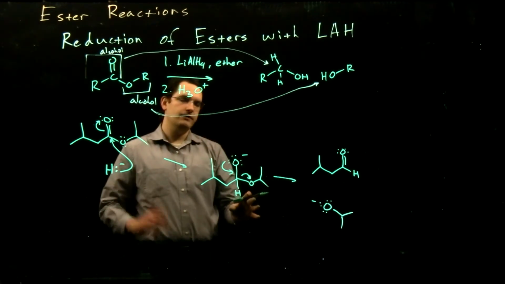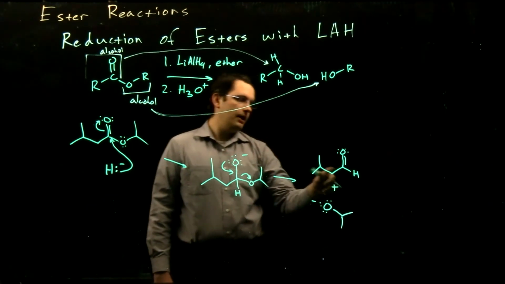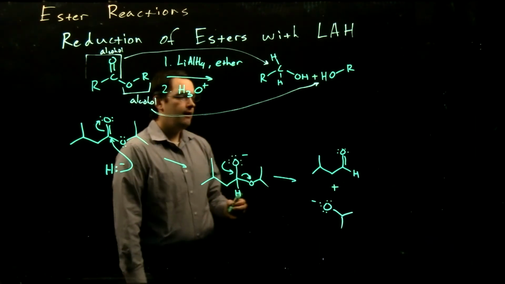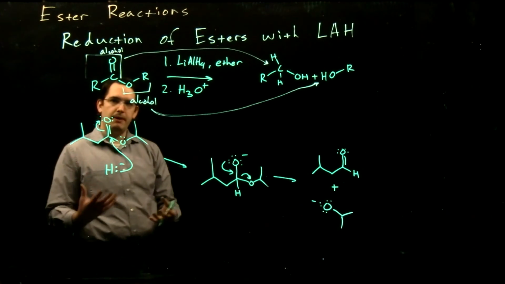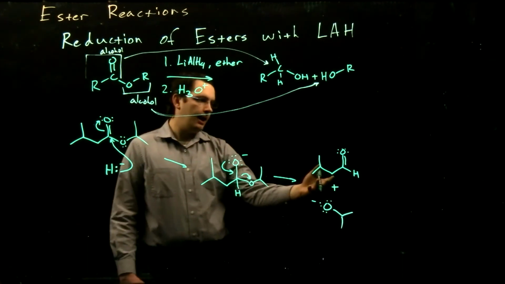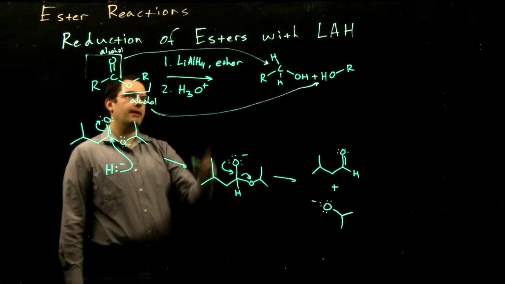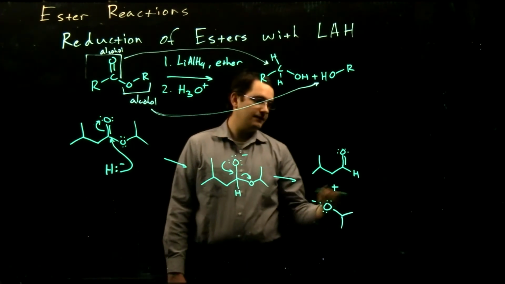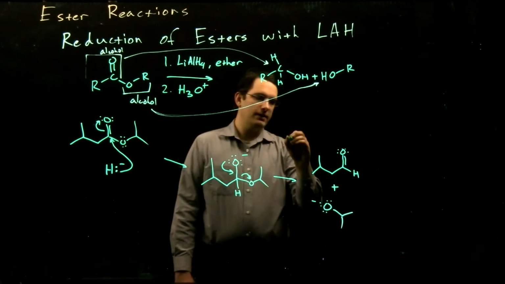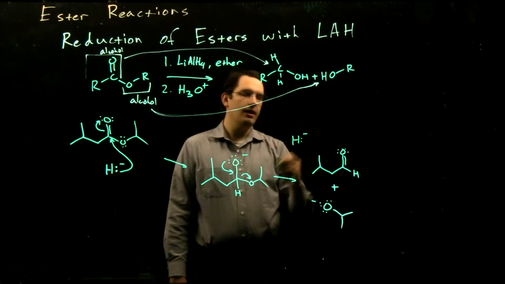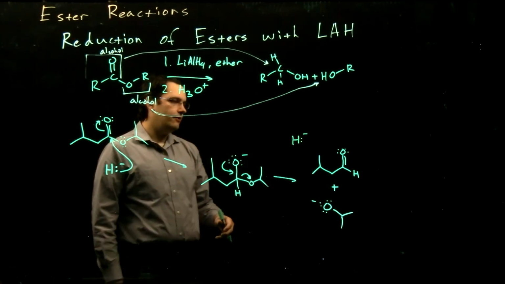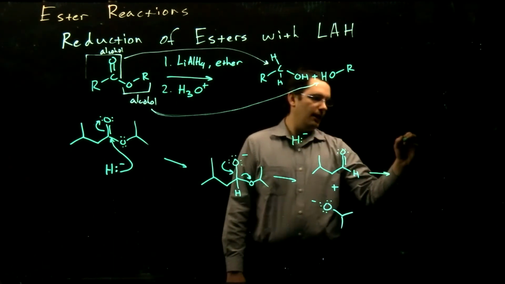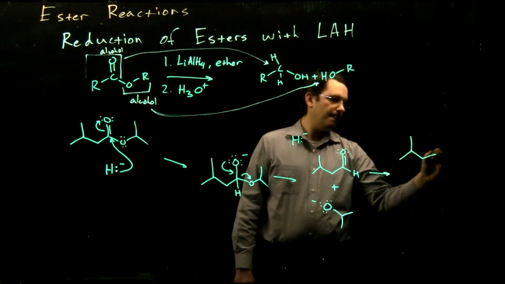So initially what I've shown so far with my mechanism just leads to my aldehyde and my alkoxide. But again, similar to my last reaction, my aldehyde is even more reactive to my strong reducing agent than my original ester. So this is essentially going to react again. We're attacking with another unit of our hydride from our lithium aluminum hydride, and that fully reduces this to form our two alcohols.